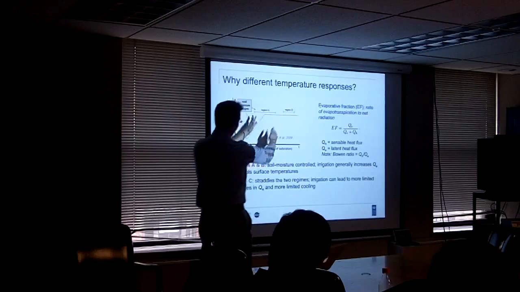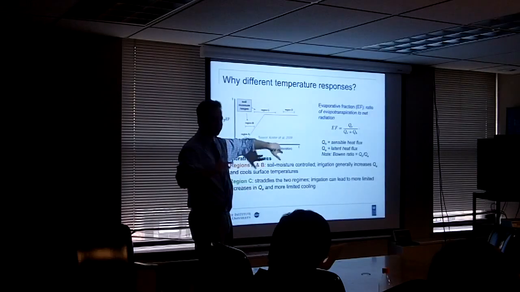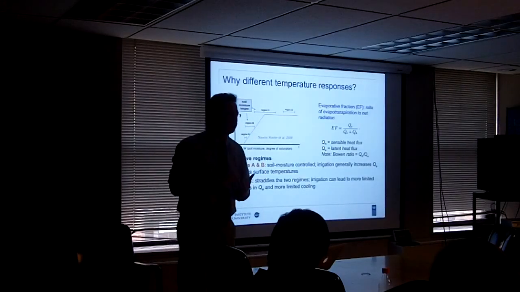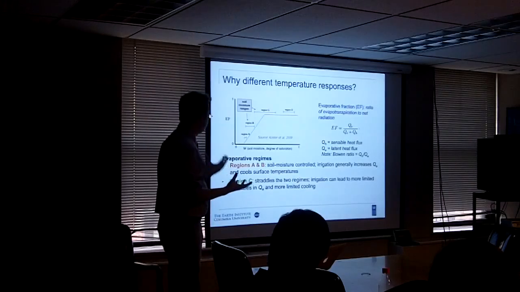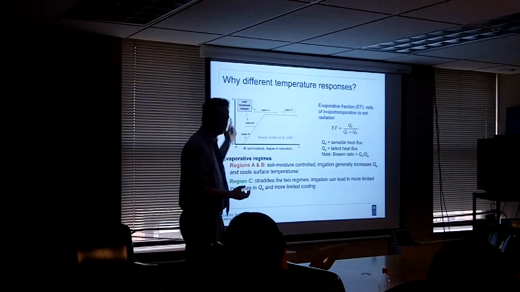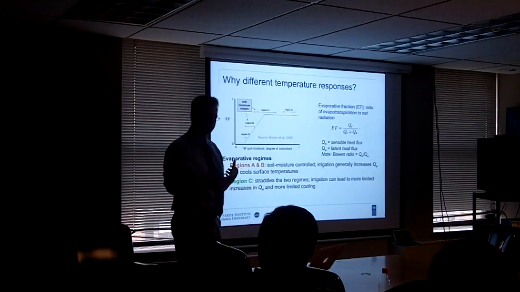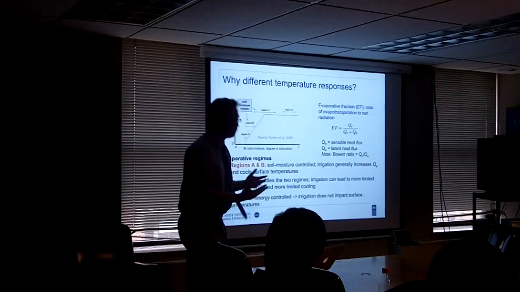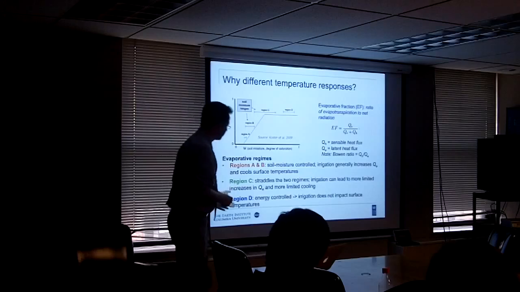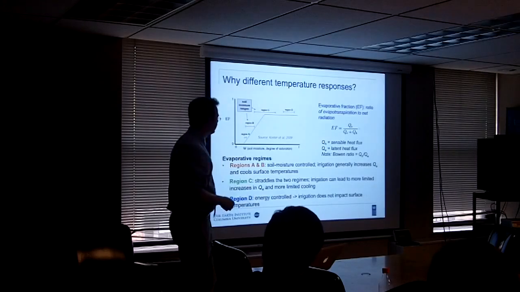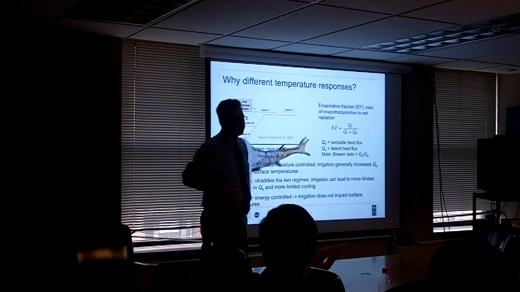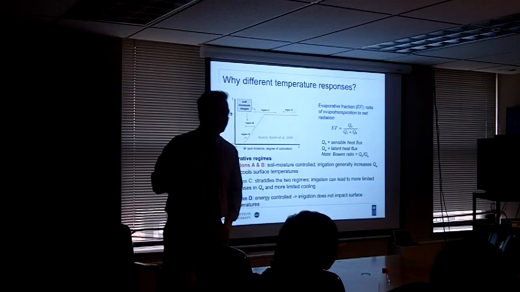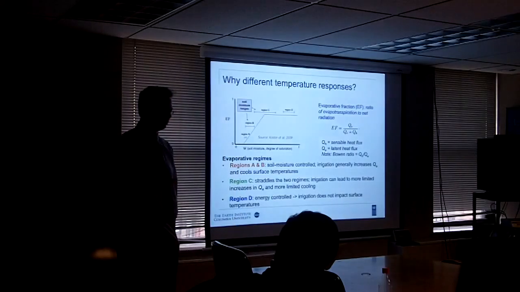If your soil moisture on average is in between those regions, then you might have some cooling, but your evaporative fraction will be less sensitive to the irrigation just because you're generally a bit wetter. And if you're in a wet region, you're energy controlled. Evapotranspiration is energy controlled, so adding irrigation to the soil is not going to really impact the temperatures.